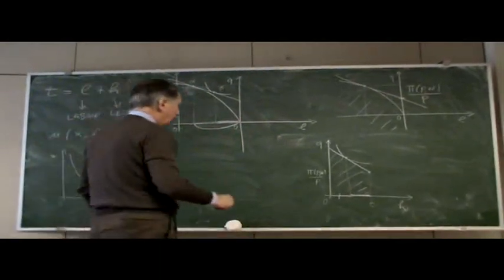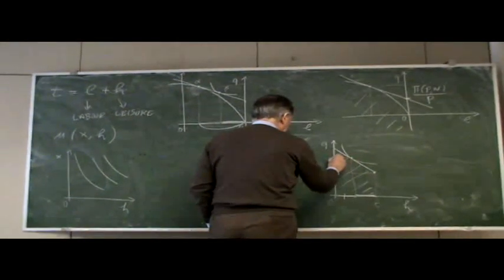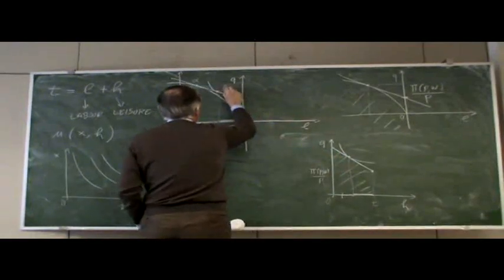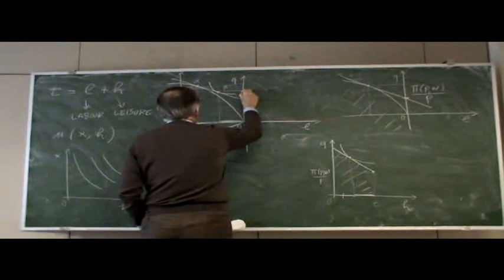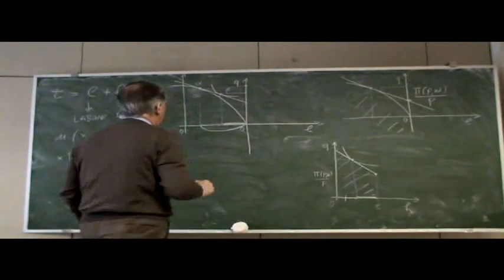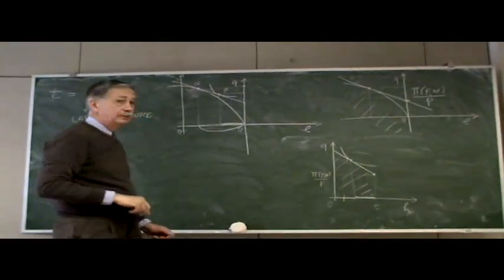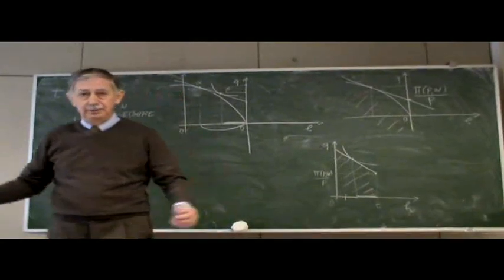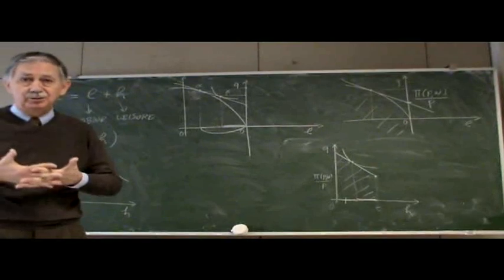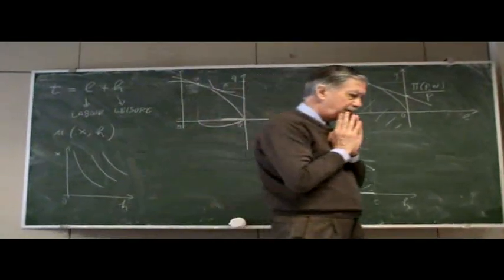For the good it is the contrary, because the optimal quantity of good of the consumer can be represented here by this point. It is inferior to the optimal quantity of good produced by the firm. So, we have an excess of supply of the consumption good. Note the same result as before.